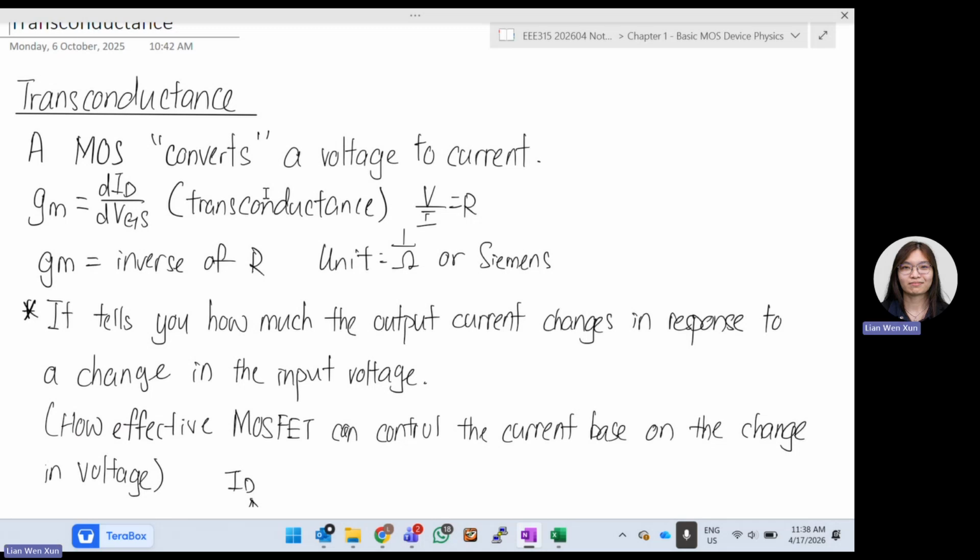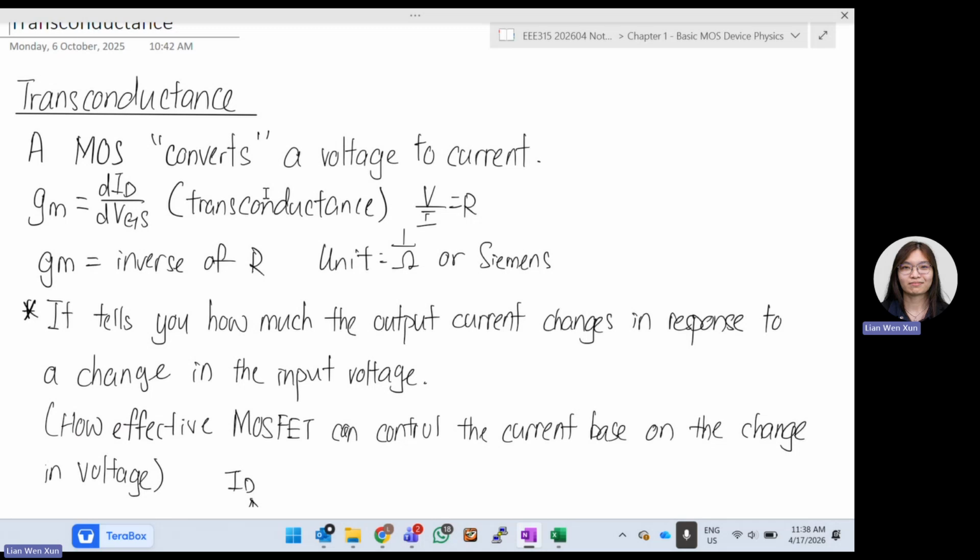Okay, if they are blocking, then it is a resistance, right? But they are conducting, so they have a transconductance characteristic. We call them GM. GM is the transconductance characteristic. It is the 1/R, inverse of your R. Okay, resistance, it resists the electron flowing, but conductance means it shows us how good it can conduct.